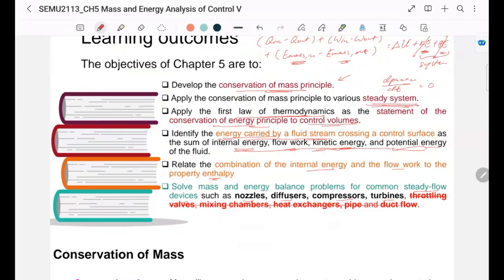So there's no point really to go into something too detailed. At least the steady flow devices have been covered. It gives you an idea how we analyze an open system. I think that will be sufficient. So that's what we'll be going through in the first half of today's class here.